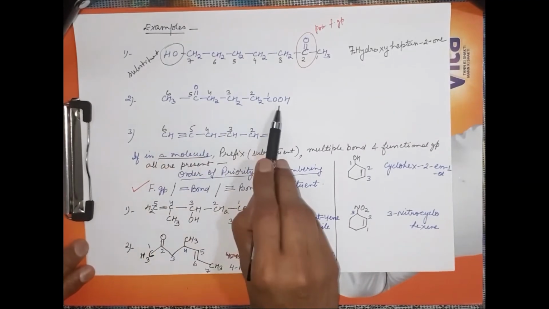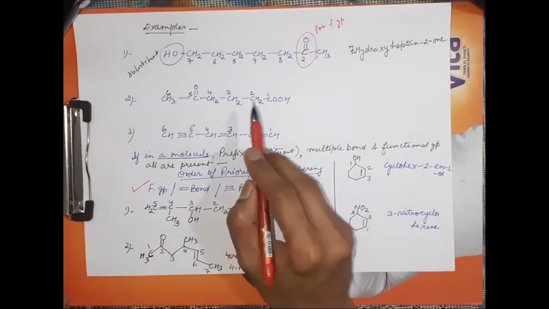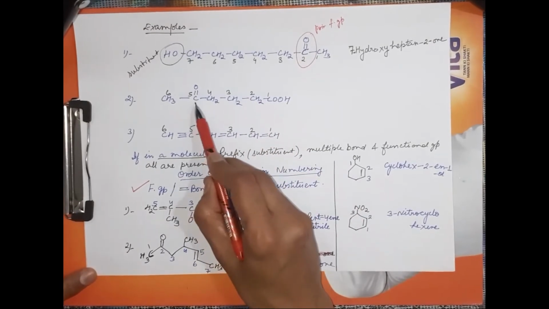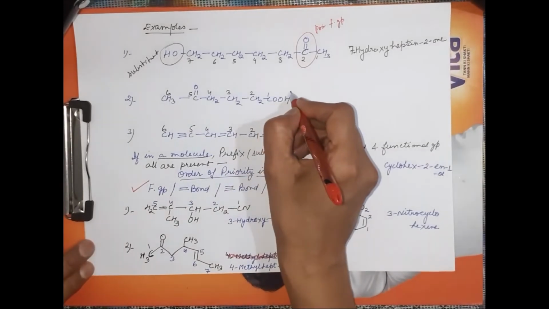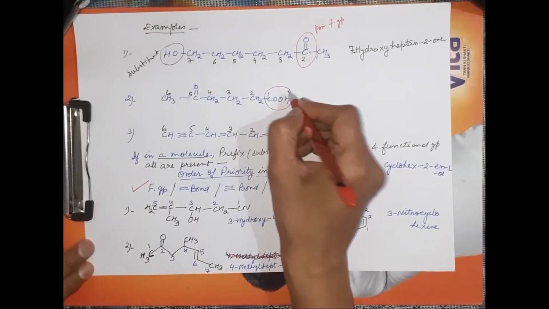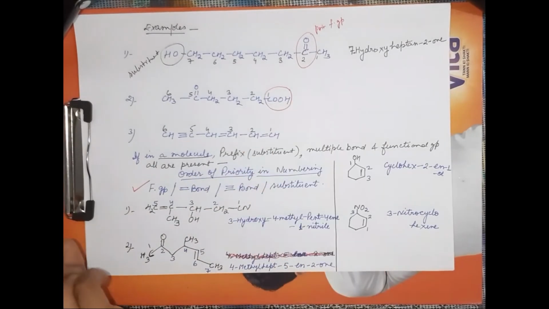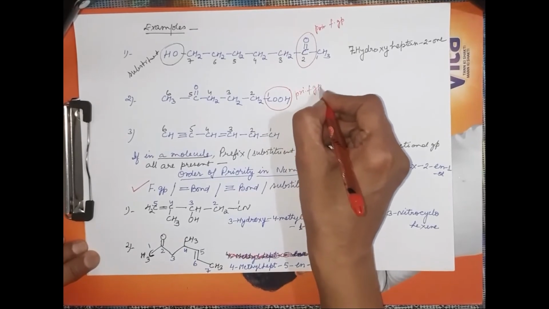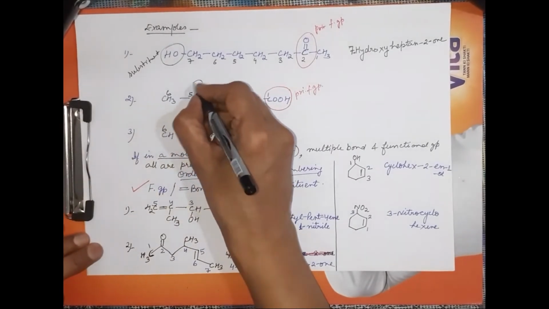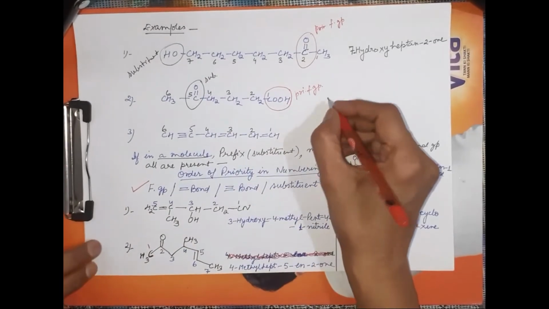And the next example is this. Here also 2 functional groups are there, COOH group and CO group. In the priority table, the COOH group comes above the CO group. So the COOH group will be the principal functional group, and the ketonic group will be the substituent.